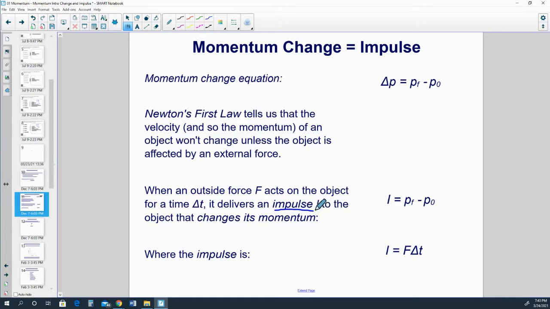An impulse is represented by capital I. This impulse to the object changes its momentum. The equation for impulse is the force that's applied times the change in time. So impulse is equal to the final momentum minus the initial momentum, and it's also equal to force times change in time.